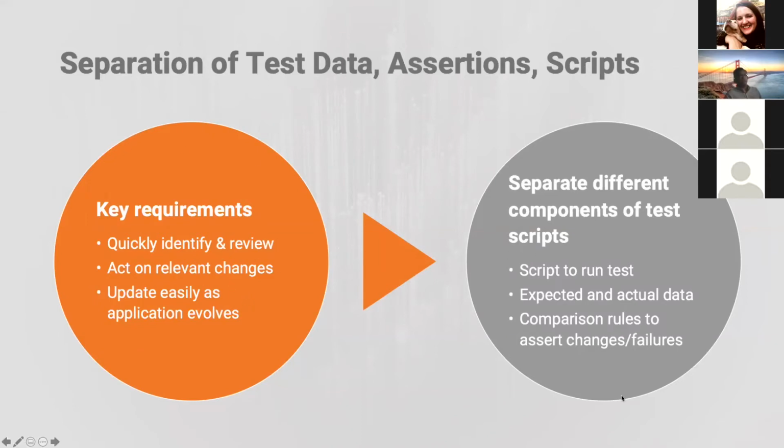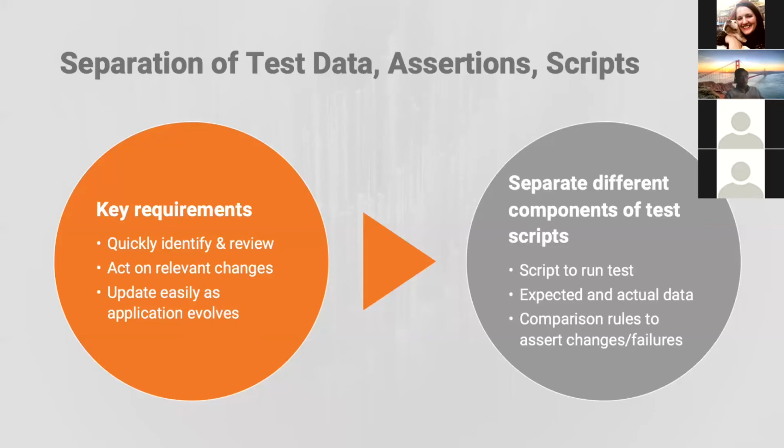And the way we achieve that is, today, if you look at the test scripts, they're combining three things: the script, the code that actually scripts the test, running the test or calling an API with the input values; the expected values; and the rules of the comparison. So I send an input request, I get a response, I take the expected response, and I compare them all in one script typically.